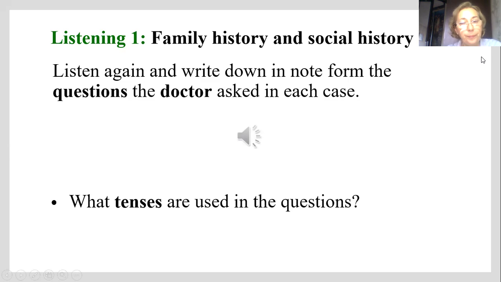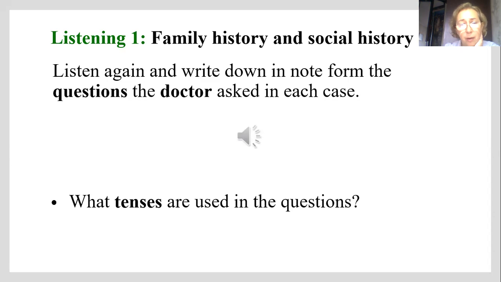And in the second conversation, do you know what the cause of death was? And in the third conversation, the doctor asked, do you smoke at all? How many do you smoke normally? How long? When did you start smoking? And when was the last time? Okay, yes, those were the questions.